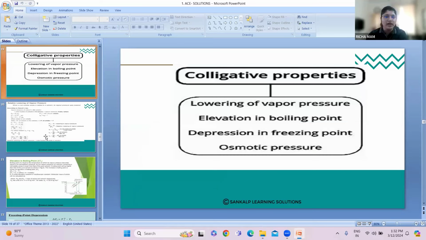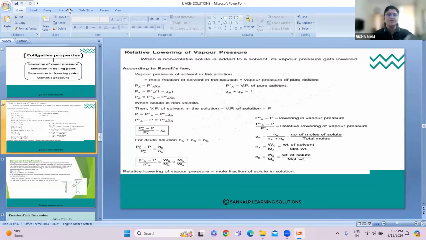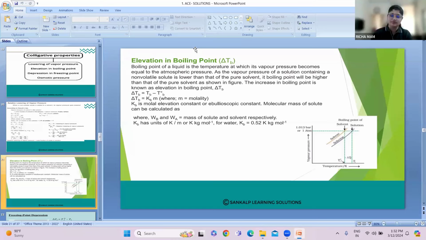Then we are discussing what is osmotic pressure. First we have seen what is osmosis. Can anyone tell me what is osmosis? What do you mean by osmosis?